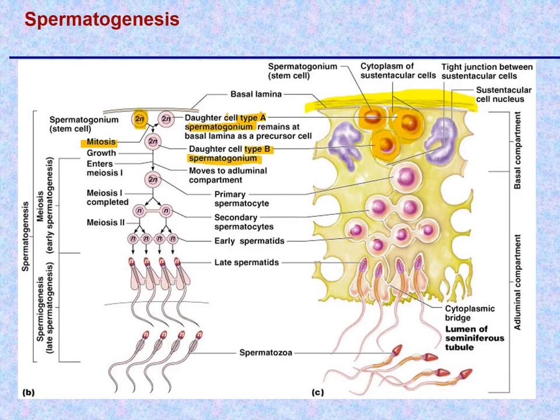Now all of these are still 2N in terms of the chromosome count. What happens next is that there is differentiation into a primary spermatocyte. So from spermatogonium to type B spermatogonium to primary spermatocyte, and this is starting into the process of meiosis.